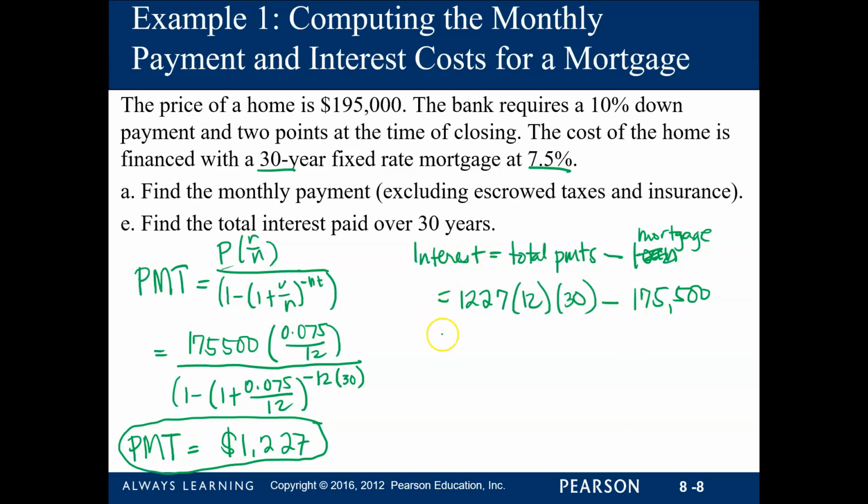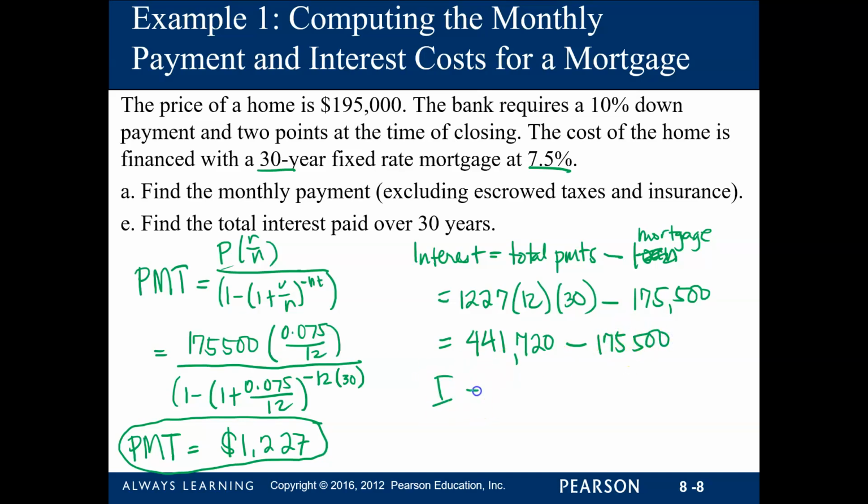If you multiply these values, you will get 441,720. Look at that amount. That's your total payments for the house. The loan, the amount that you actually borrowed, is just 175,500.